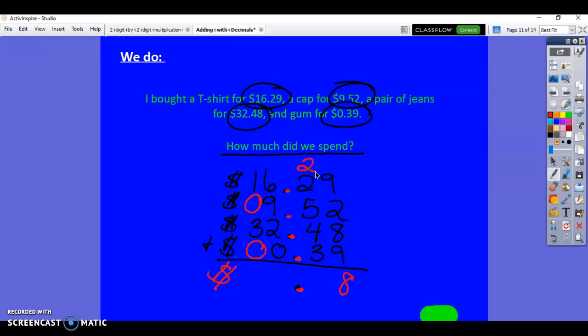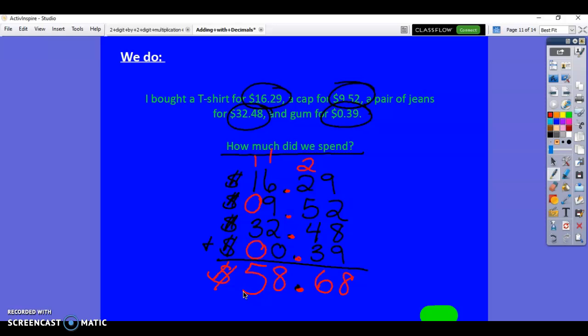You have a regroup and carry. 2 plus 2 is 4, plus 5 is 9, and then you have 16, carry, and then you should have, let's see, 11, 12, 18 here, carry, then you should have 3, 4, 5.